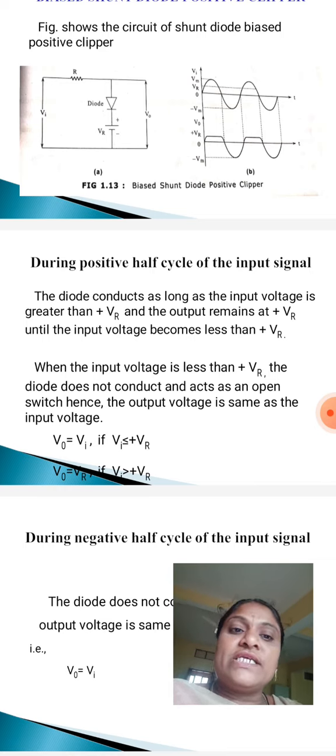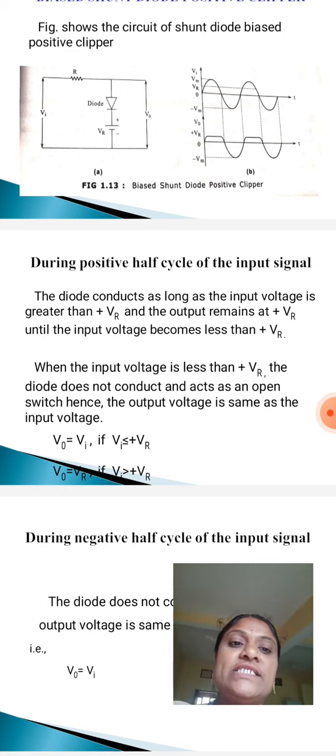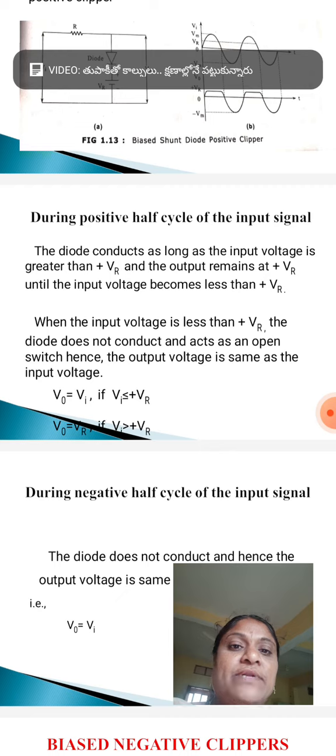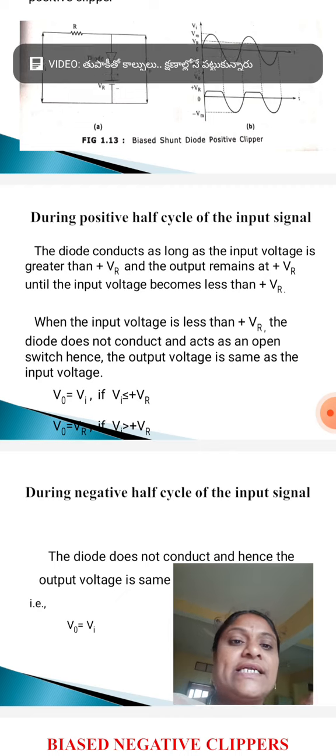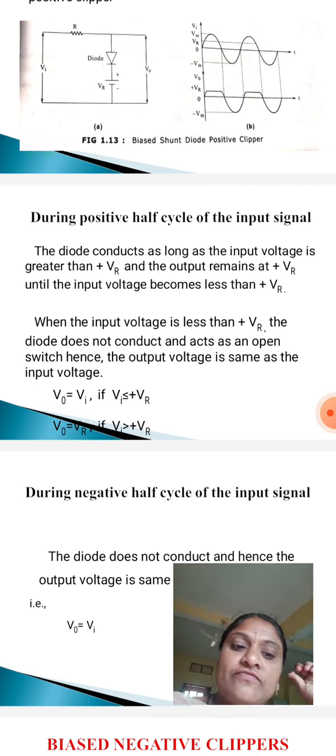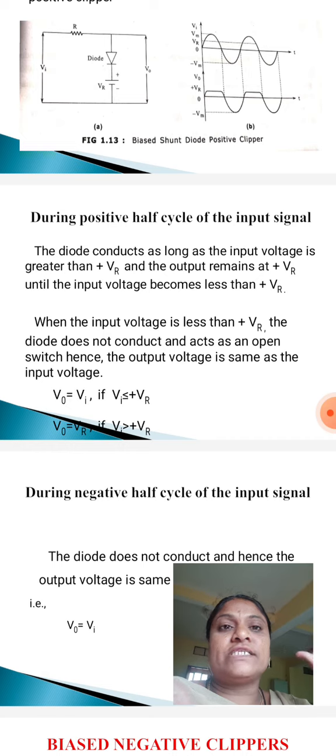When the input voltage is less than plus VR, the diode does not conduct and it acts as an open switch, hence the output voltage is the same as the input voltage.